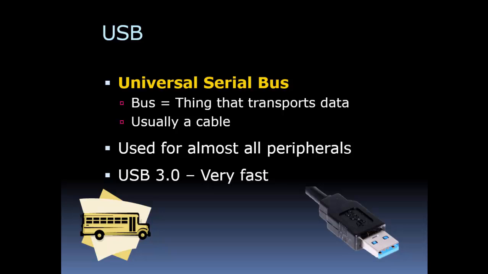You're walking around. The USB is so important. Let's just talk about that a second. It stands for Universal Serial Bus. Of course, a bus is anything that transports things in the computer world. A bus is something that transports data. It's used for almost all peripherals, which you kind of get from the name Universal, right? And the newest version of USB is USB 3.0, which is very fast, okay? If you're buying a new device, try to make sure that it's a USB 3.0 device.